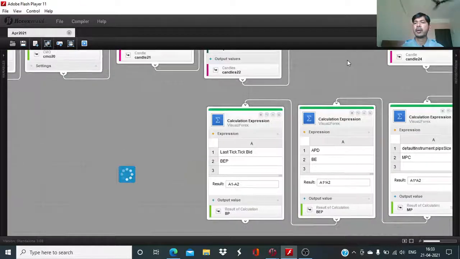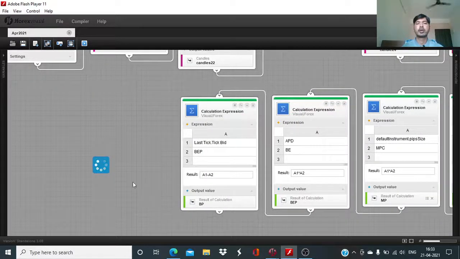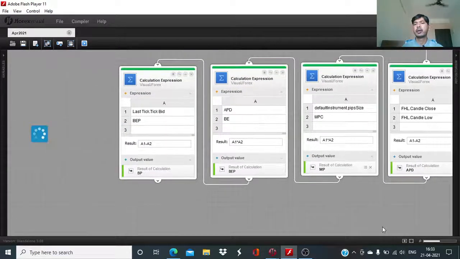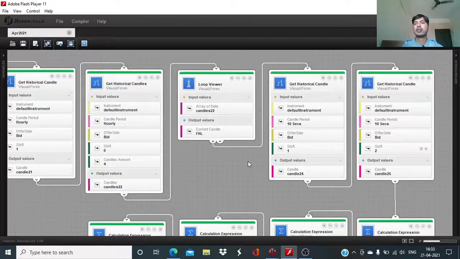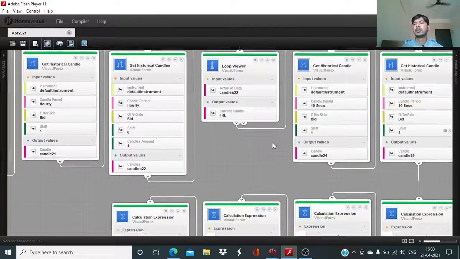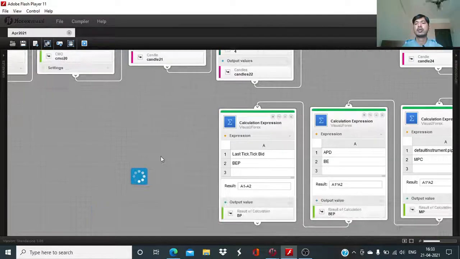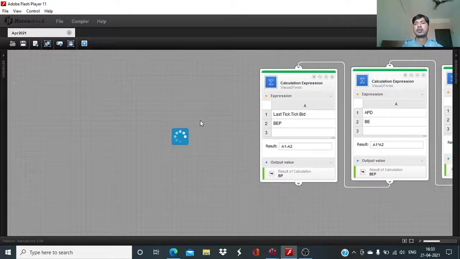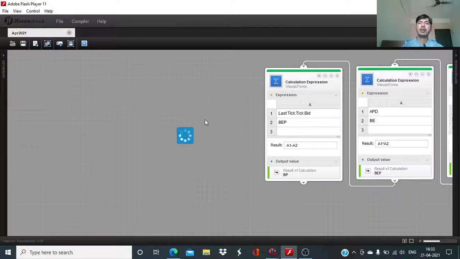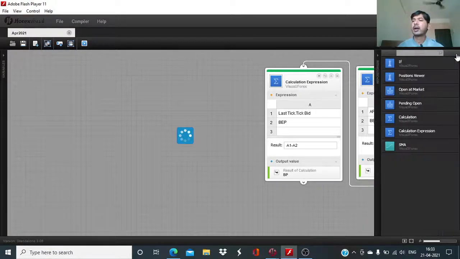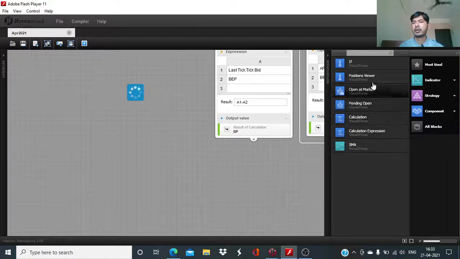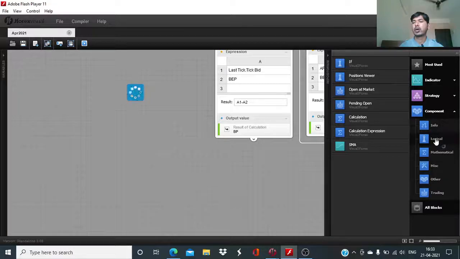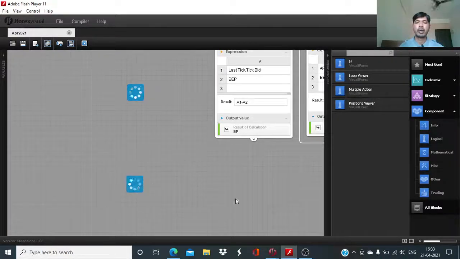Okay, so we have defined the execution point for the buy order. Now I will start adding the if blocks on the buy side, and prior to that I will have to take the logical component multiple action.